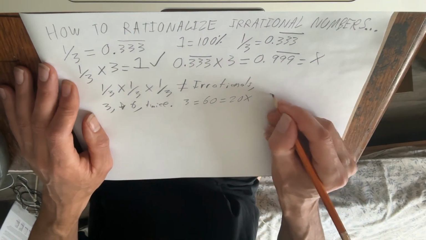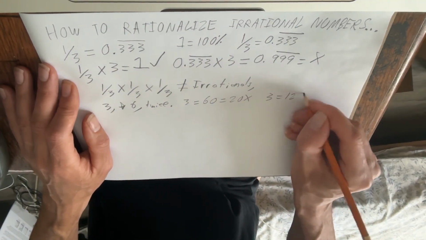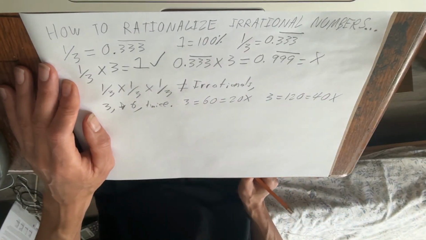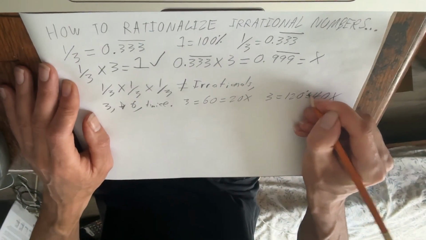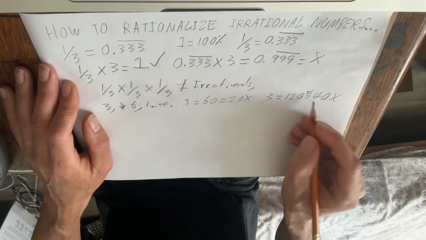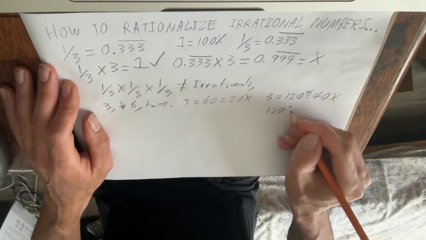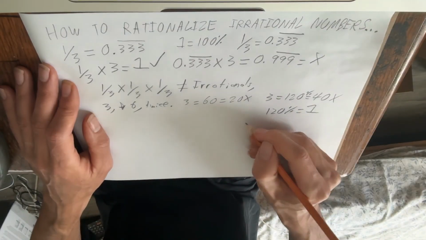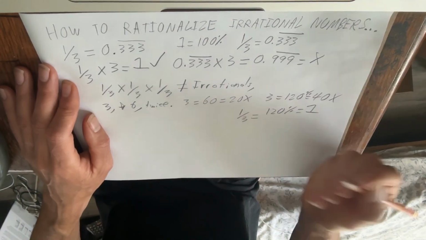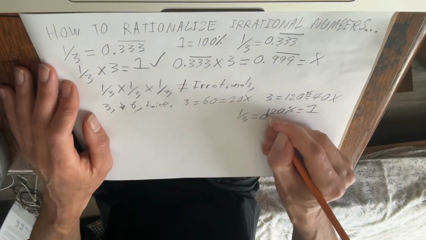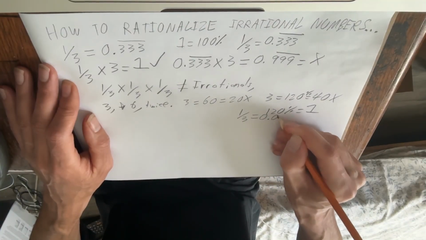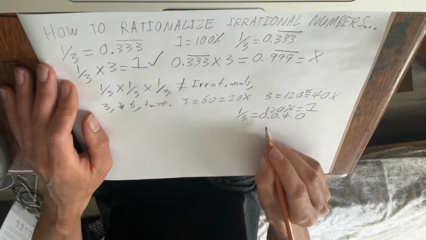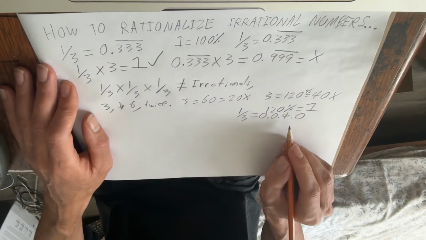We can then have 3 going into 120 40 times. And when 120%, for example, would be the 120% that would equal 1, therefore, 1 over 3 would then equal 0.0.4.0. Now, why am I creating these extra decimals?